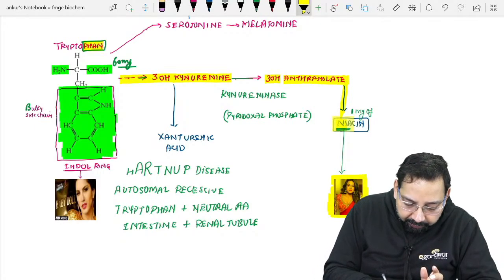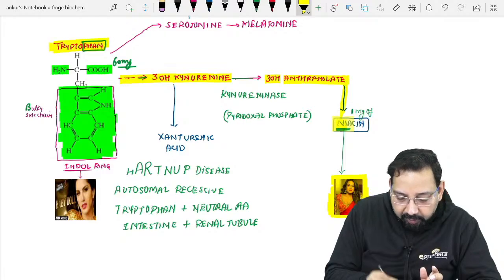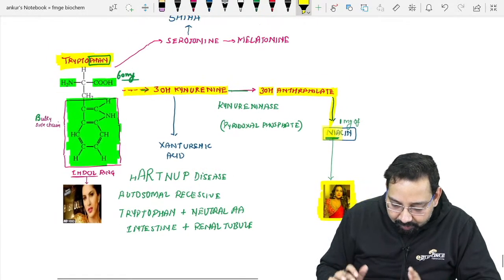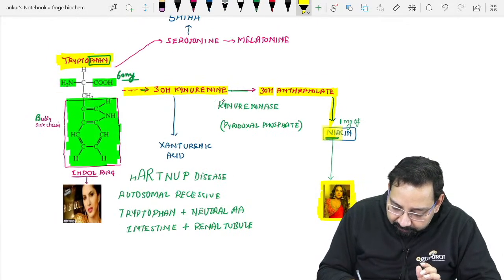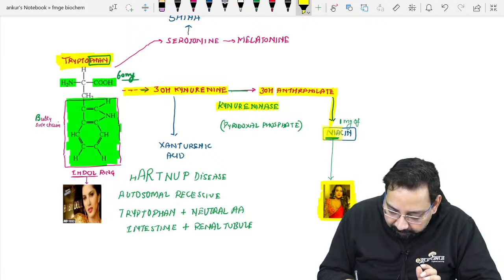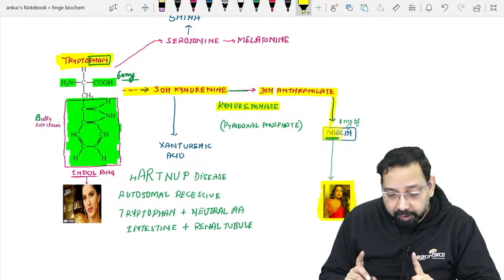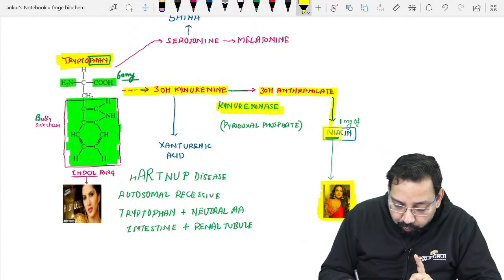And so many fans are there. Sometimes they are trapped, in Hindi, trapt ho gaye hain. Now we found that this conversion requires an enzyme. There are multiple steps, but I have skipped only those steps which are not required. There is an enzyme kynureninase.